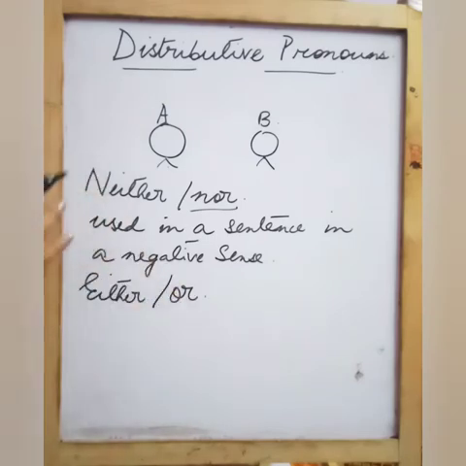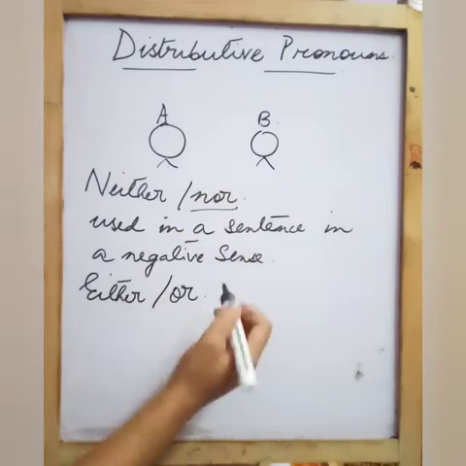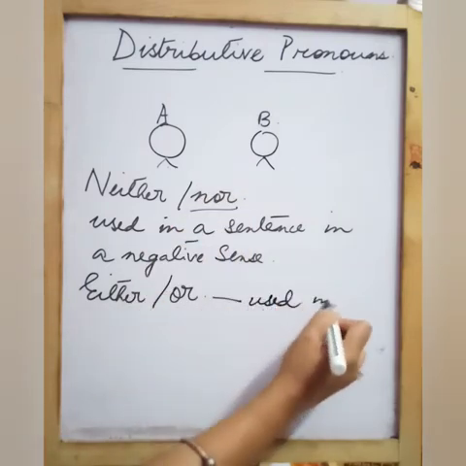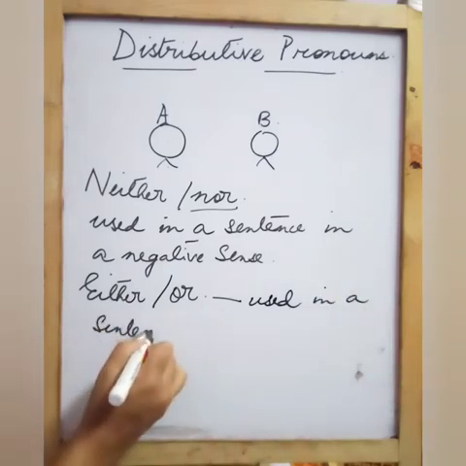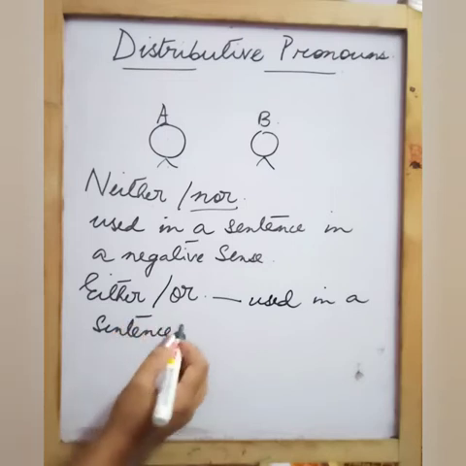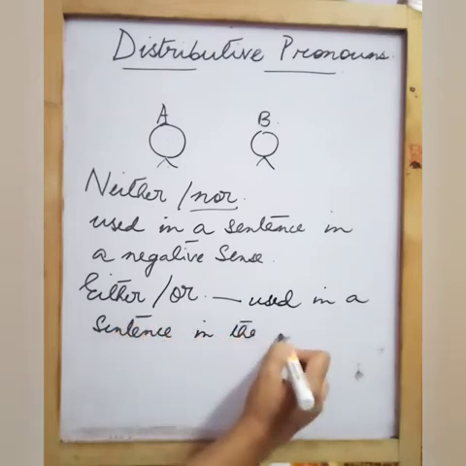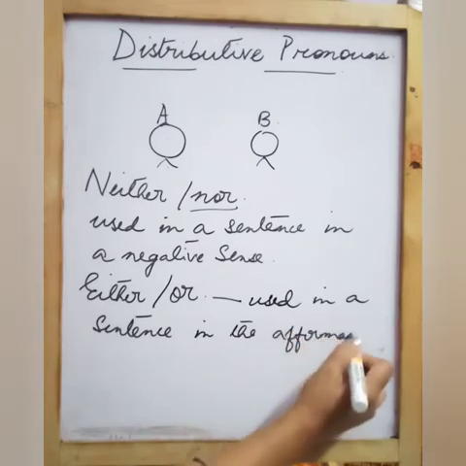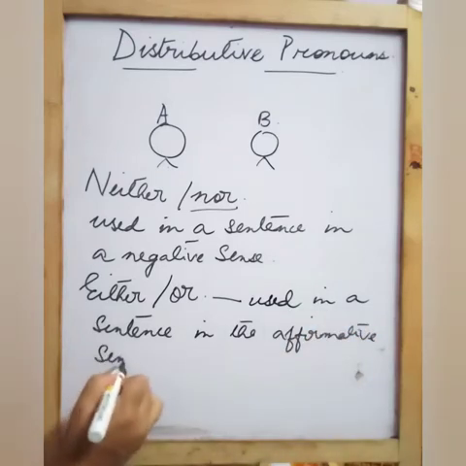You can either choose this, choose option A, or choose option B. So it is positive. Either is always used in a sentence in the affirmative sense or in the positive sense. Alright?